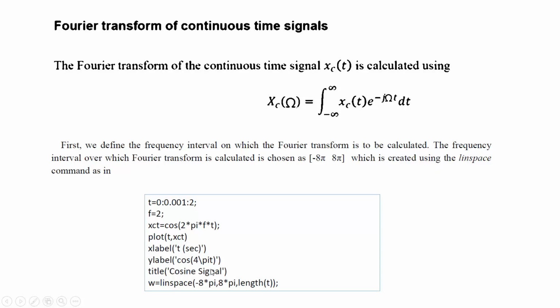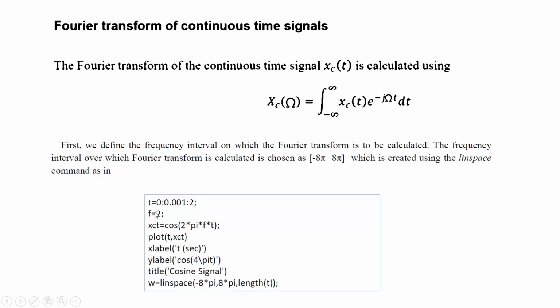So up till here we have plotted the continuous function. Now we define a variable w or omega. You can take it as w equals linspace from minus 8 pi to 8 pi, because this is the interval we have chosen for calculation, and in between it will take the steps as the length.